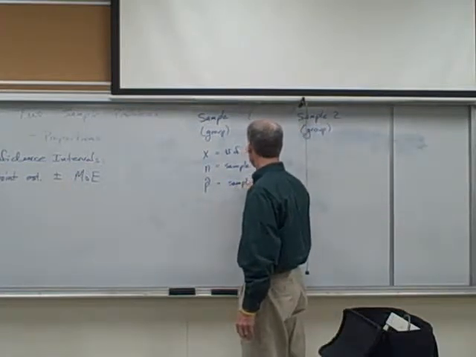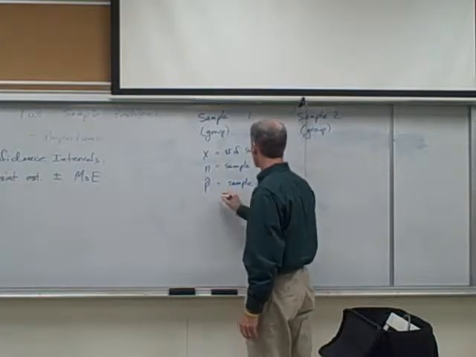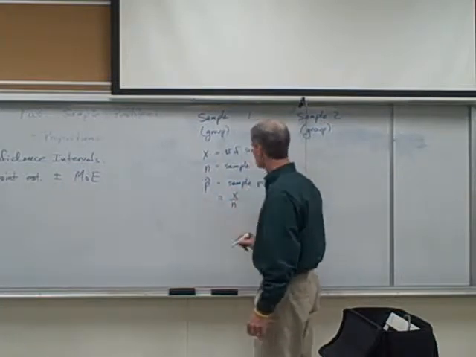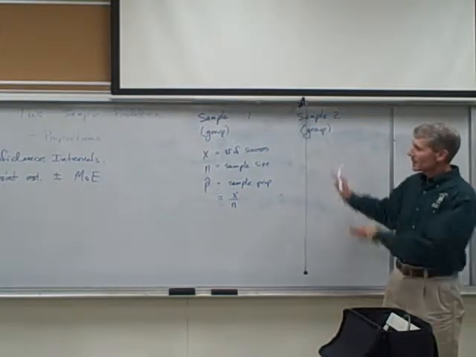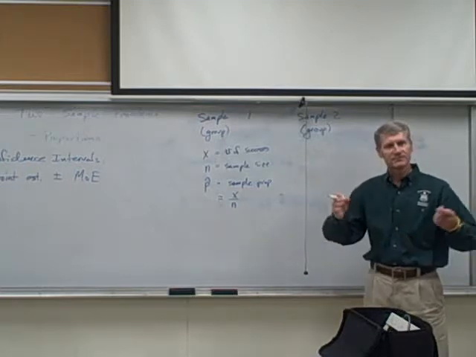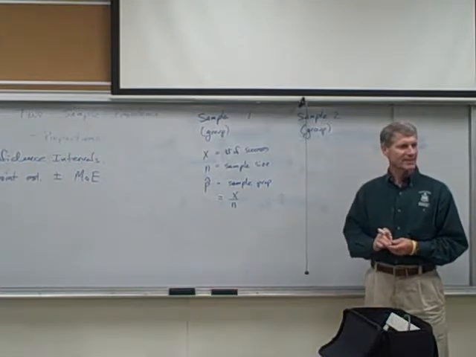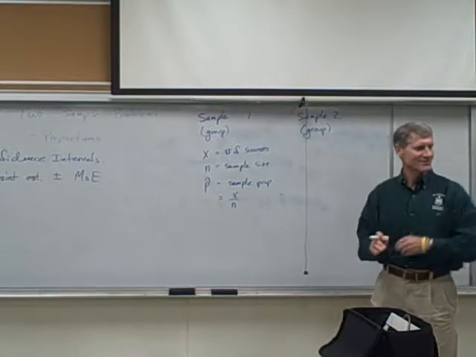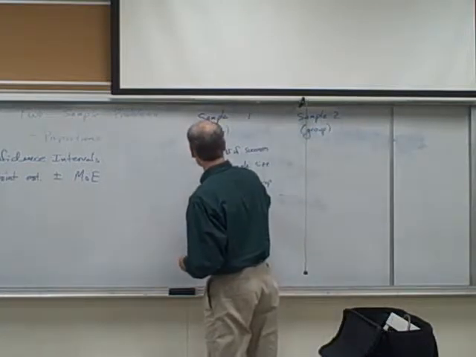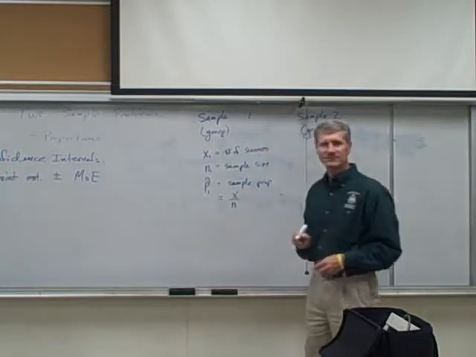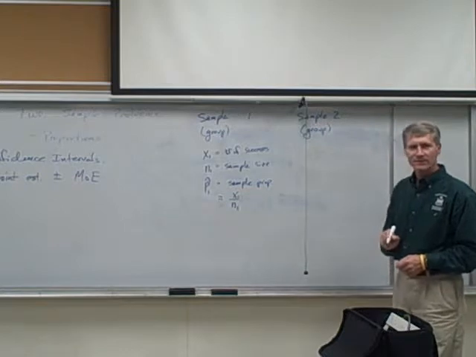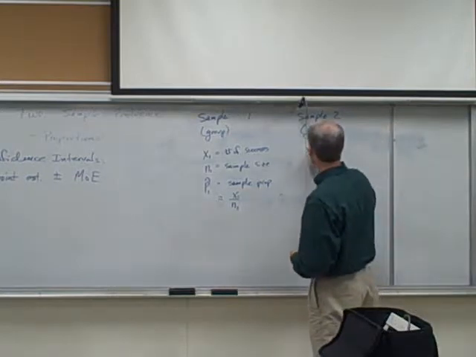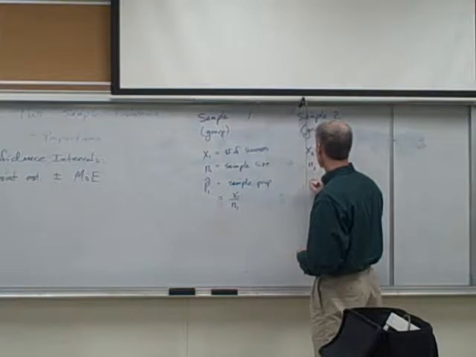And how's it computed? X over N. Good. X over N. Well, now I've got two samples. So in order to keep it straight of which sample I'm talking about, what would be a handy thing to do? Subscripts. Good. X sub 1, N sub 1, P hat sub 1. And P hat sub 1 is X sub 1 over N sub 1. So then in my second sample, I get all those same things. X2, N2, and P hat 2.